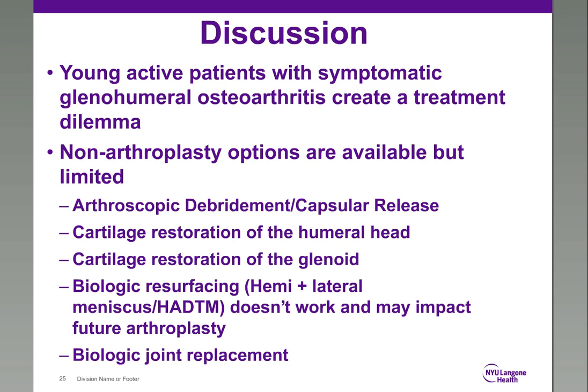What I hopefully got across is that biologic resurfacing, where we utilize a hemiarthroplasty with some sort of interposition of the glenoid, doesn't work and may impact future arthroplasty. For our young patients who are looking for a high-risk, high-reward approach, a biologic joint replacement is possible, but the outcome data is also very limited.